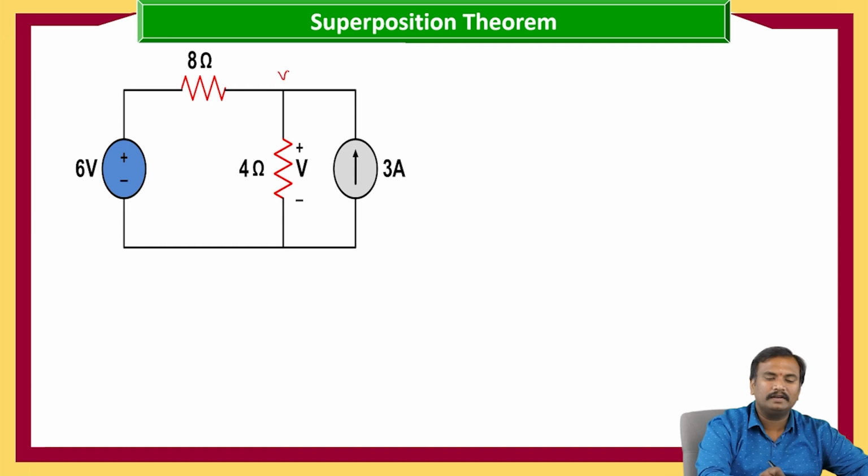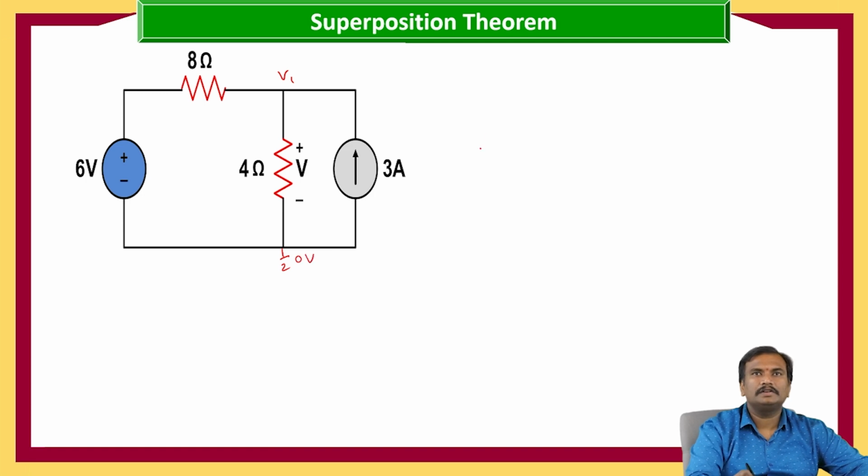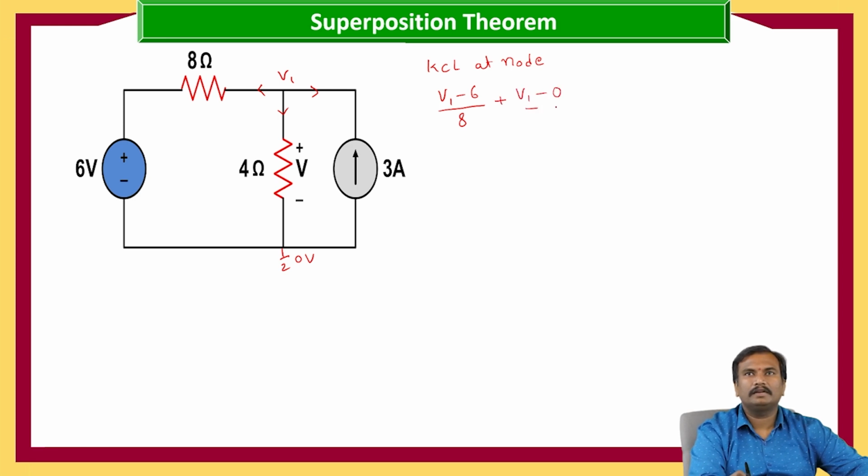So here let us consider V1 and here is 0 volts. Now if we write the KCL at the node, the current flowing through 8 ohms is V1 minus 6 by 8, plus V1 minus 0 by 4, minus 3 is equals to 0.